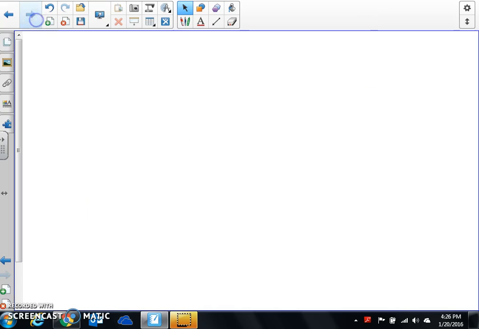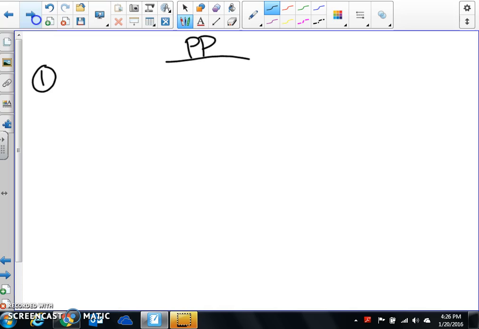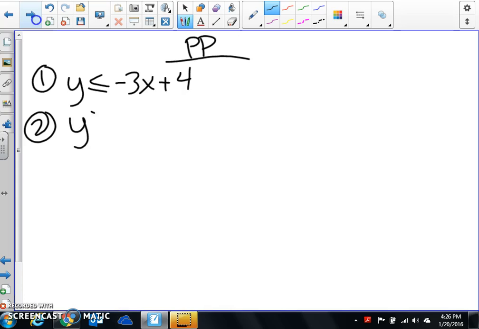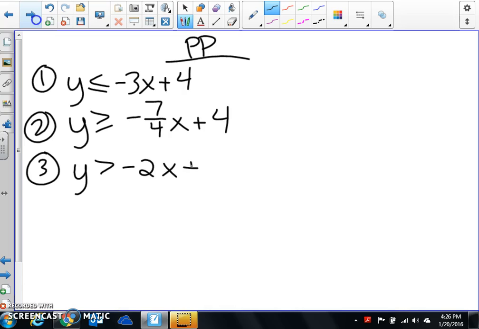All right, here are your practice problems. I want you to graph every single one. 1, y is less than or equal to negative 3x plus 4. 2, y is greater than or equal to negative 7/4 x plus 4. 3, y is greater than negative 2x plus 4.